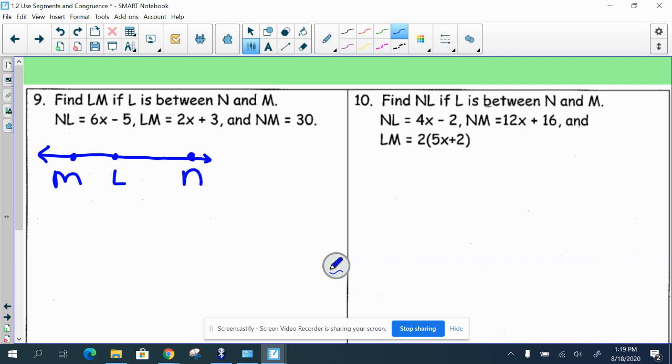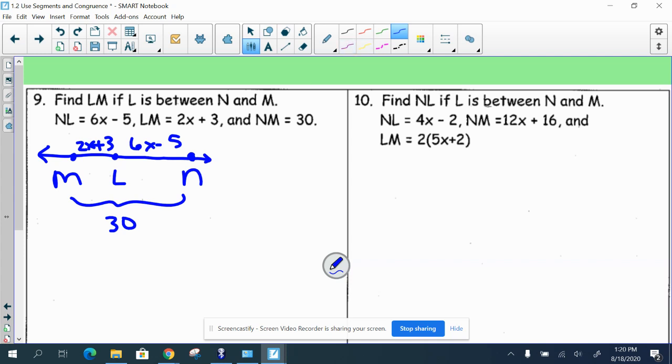This is not drawn to scale. I don't know what the scale is, but this would be a good picture, as long as L is between M and N. All right, so it says NL is 6x minus 5. I'm going to write that in the diagram. LM is 2x plus 3, and then the whole thing is 30.